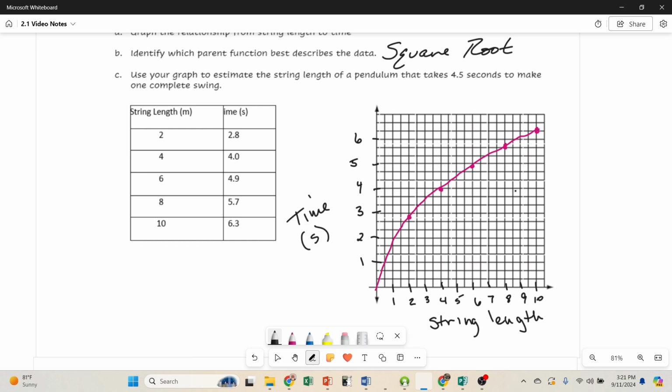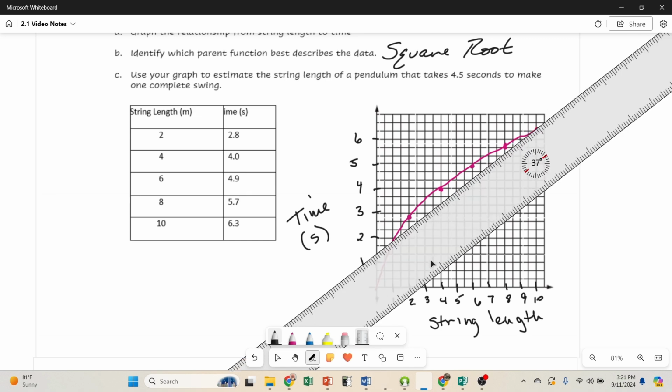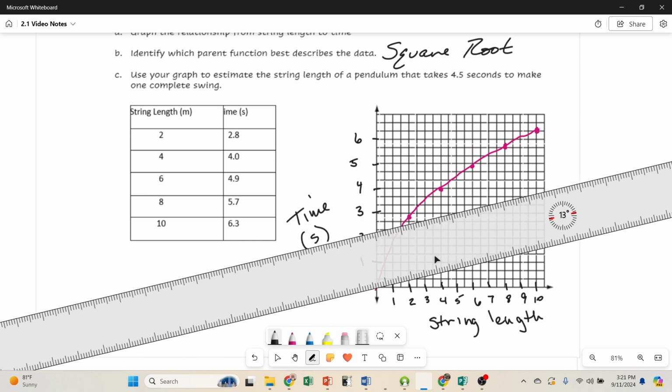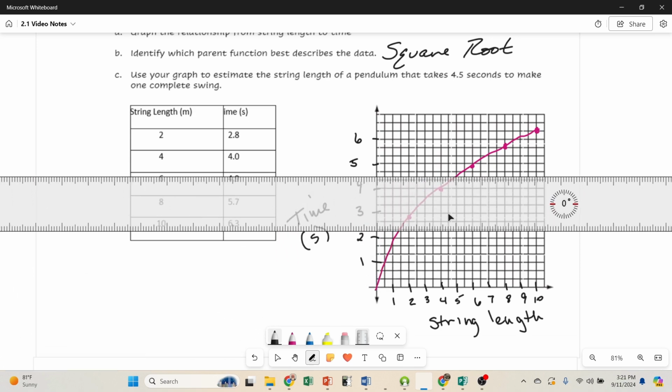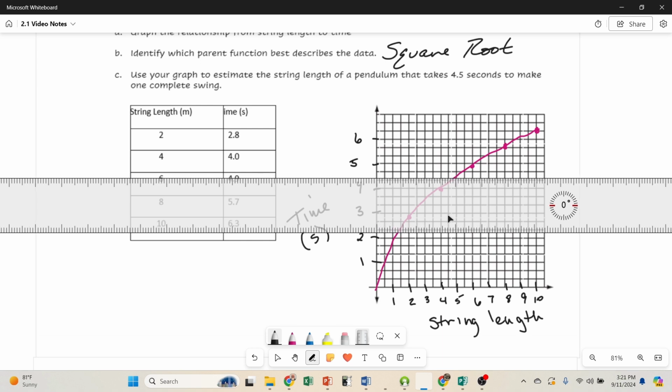All right, so for the pendulum to take 4.5 seconds to make a complete swing, I'm going to use my ruler here just to help out. I'm going to see that at 4.5 seconds, there's about 4.5 seconds right there.